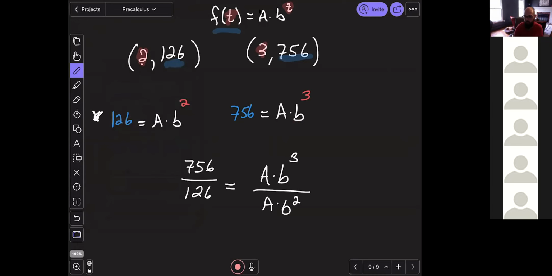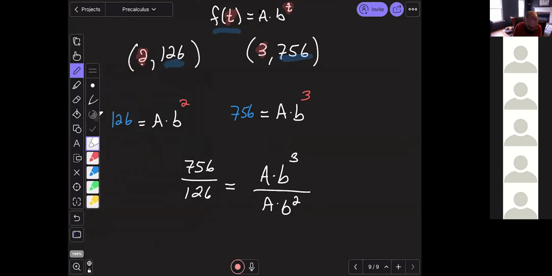So 756 over 126 is equal to a b cubed over a times b squared. So far, we haven't used any exponent rules yet, but this is where they're going to come into play. We're going to have to reduce this expression.